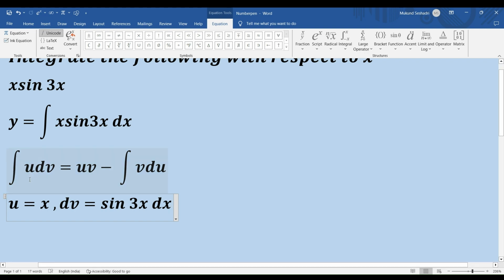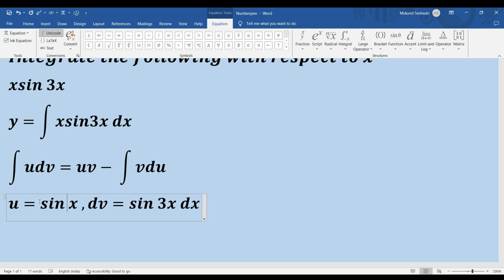Now, before we go ahead and solve this problem, I want you folks to look at what if we did the other substitution, right? Which is my u equals sine 3x, and my dv becomes equal to x dx, right? So getting my v is not a problem because my dv is x dx.